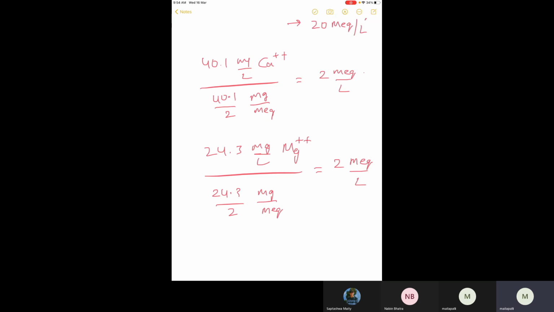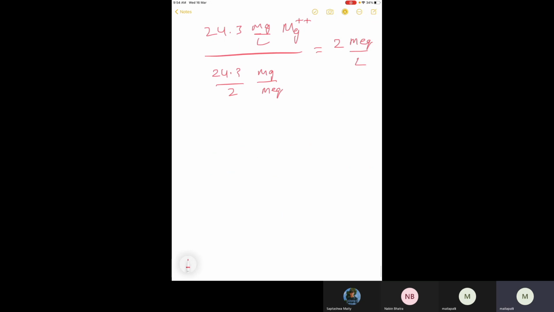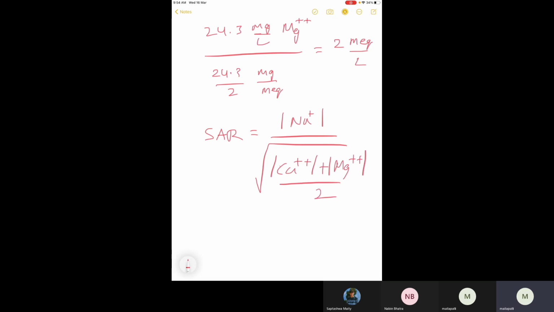Now you can directly use the equation: SAR is equal to Na+ divided by the square root of (Ca++ plus Mg++) divided by 2. Na+ is 20, and the square root of (2 plus 2) divided by 2, and you get 14.14.